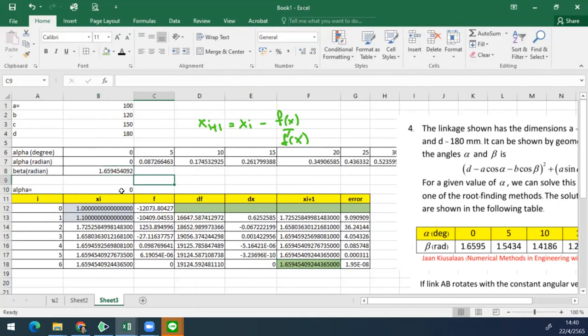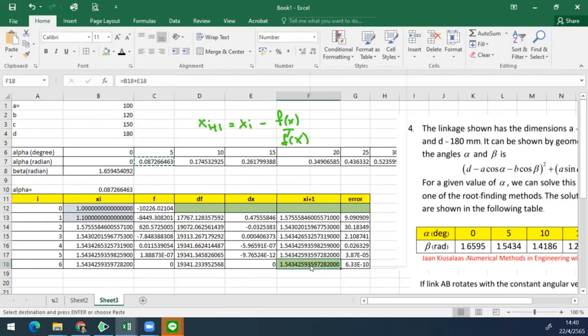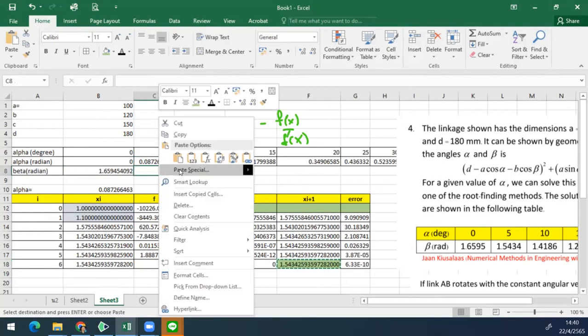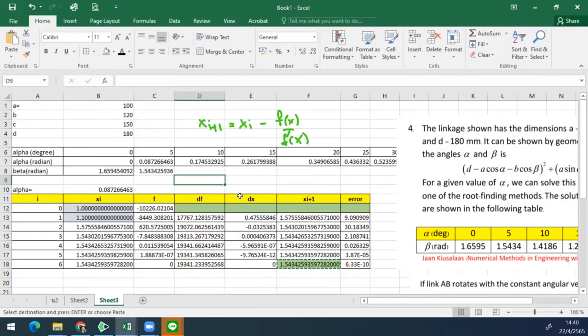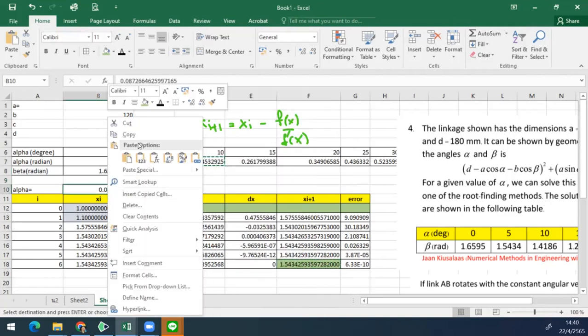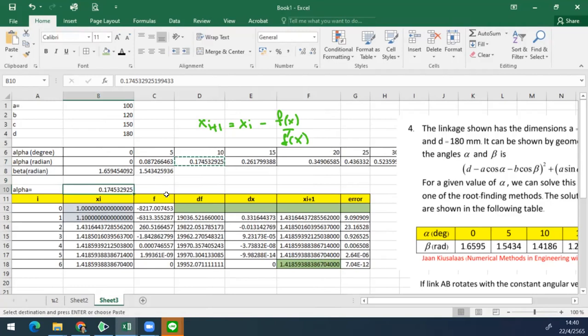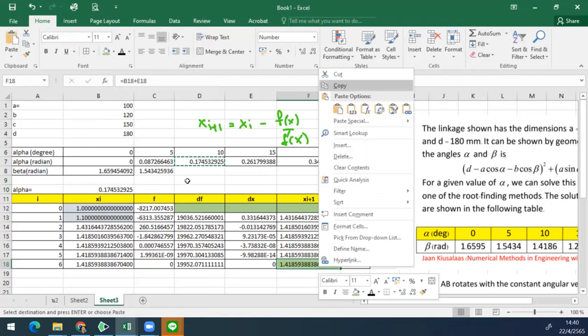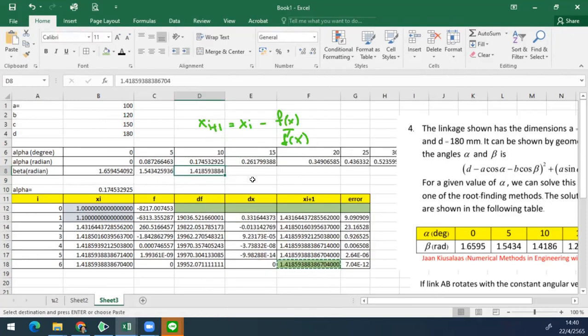Okay, so when we change the alpha to be like this, then it changes. It becomes 1.5. Okay, it becomes like this. Okay, and then when we change the alpha to be like this, we have the angle change to this value, right?